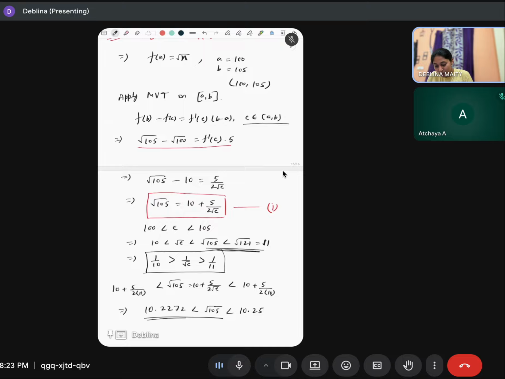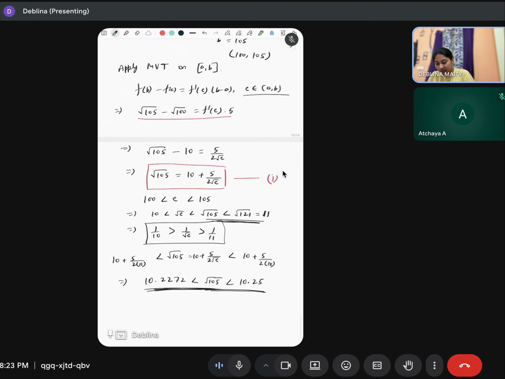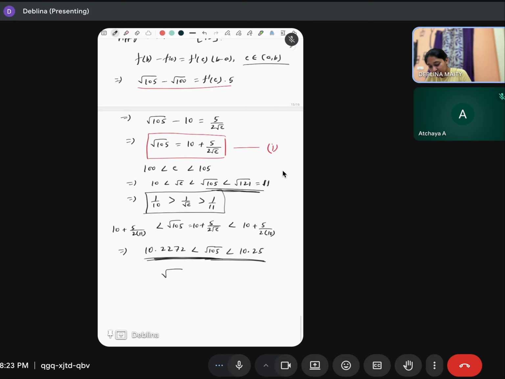So this lower bound is not a very good number. But this upper bound is fine, okay? So we'll use this upper bound to find the lower bound. Now we'll use this to find the lower bound.